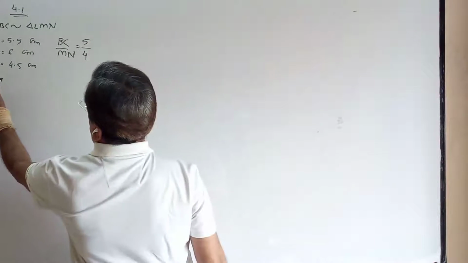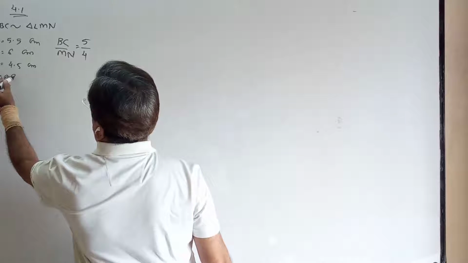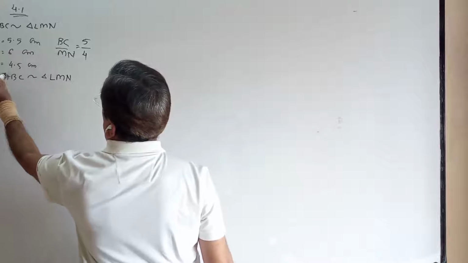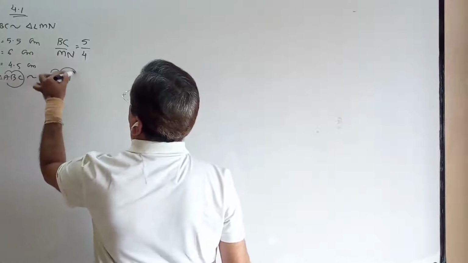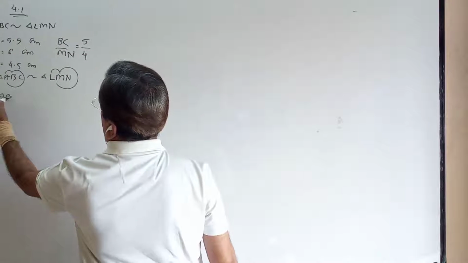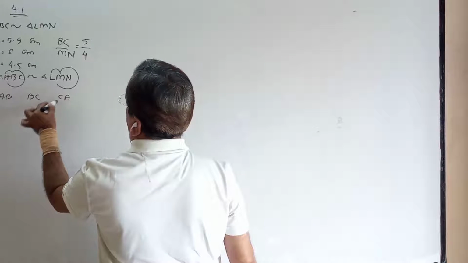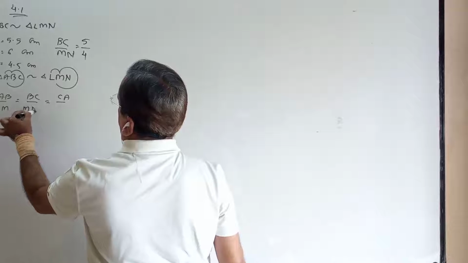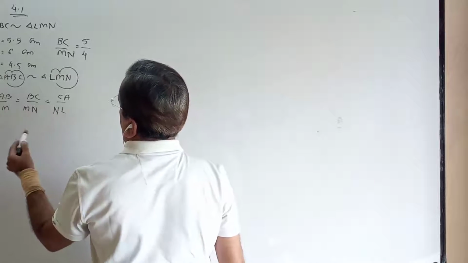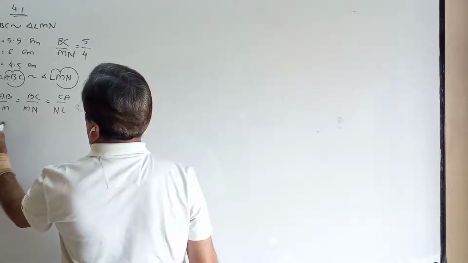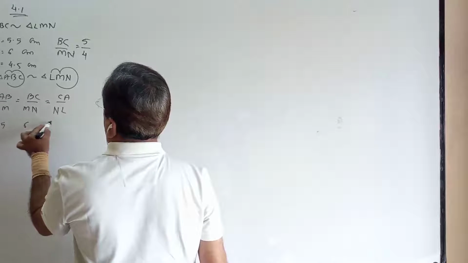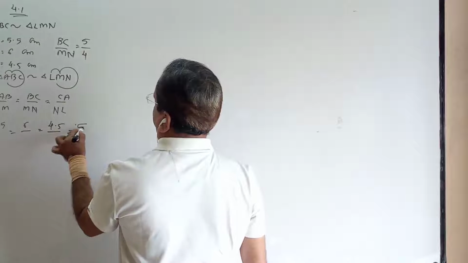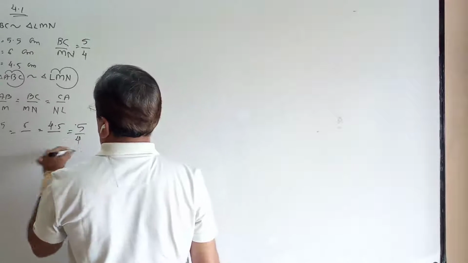Now, triangle ABC similar to triangle LMN. So first, second, third, first. AB, BC, CA, and LM, MN, NL. AB, BC, CA are 5.5, 6, 4.5, and overall it is given 4 by 5.